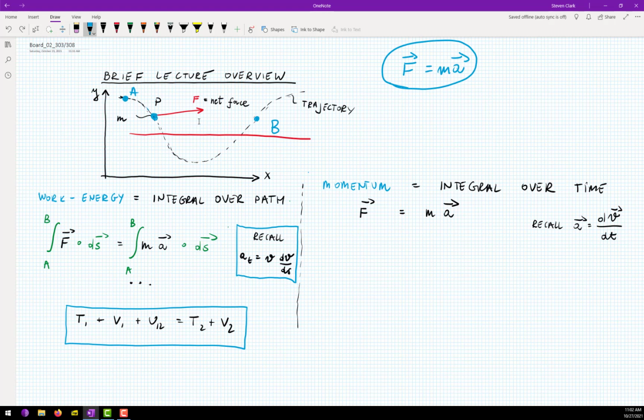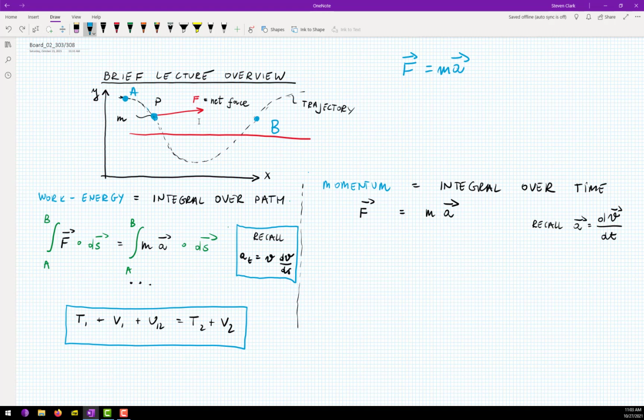First of all, we projected our vectors on the path. Then we used this definition of acceleration, and after a couple of algebraic steps, we ended up with this expression, that you should all know very well right now.